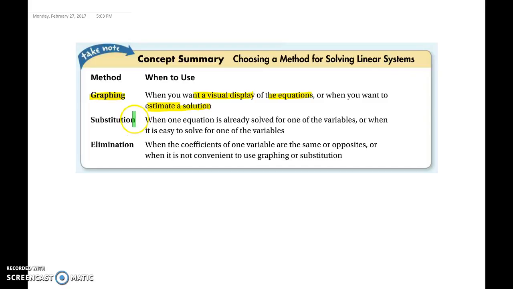The other methods, though, substitution or elimination, either one of these you can use depending on the problem. We'll talk about this more in class as to when you should use each one. You use substitution if you already have one of your variables solved for. What I mean by that is if you already have y is equal to 4x plus 1. It's already set equal to y, so we can go ahead and substitute 4x plus 1 in.